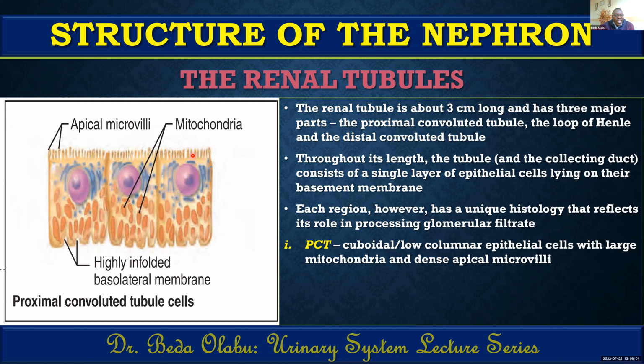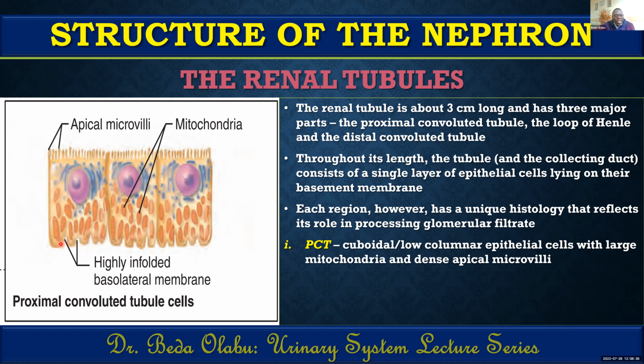This image captures for us an example of cells that are found within the proximal convoluted tubule. We can see the dense microvilli on the apical zone, usually very long. We can see the numerous mitochondria within the epithelium, and we can see basal membrane invaginations as well, representing active absorption. Usually you'll call this the apical zone or the luminal zone because the renal tubule lumen is on this side, and we call this the basolateral side.